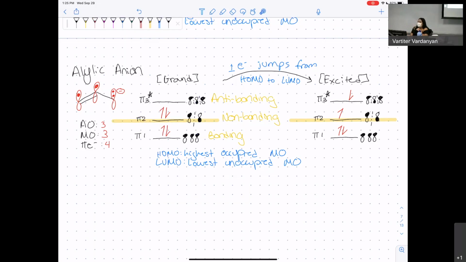Okay. Any questions, comments, concerns? Exactly. And the reason for that is because there's an even number. So if there's an even number, there's going to be no non-bonding.